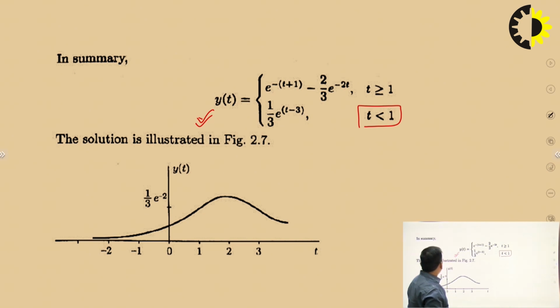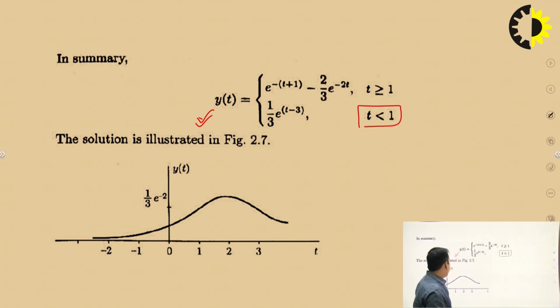So we can clearly see that we get the response of the system for all possible values of t, for t less than 1 as well as t greater than or equal to 1. This figure is the representation of our response y(t).